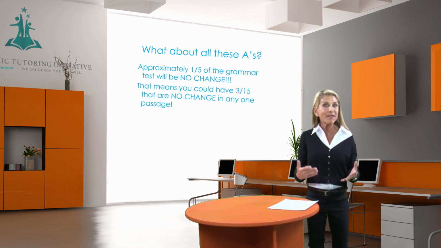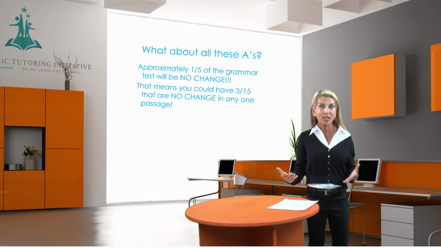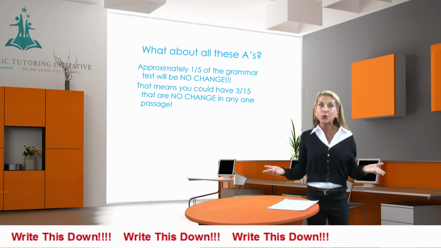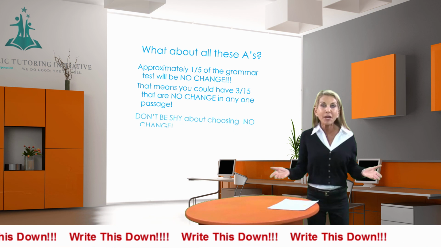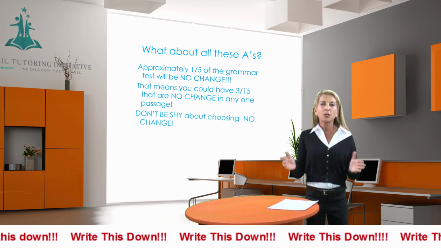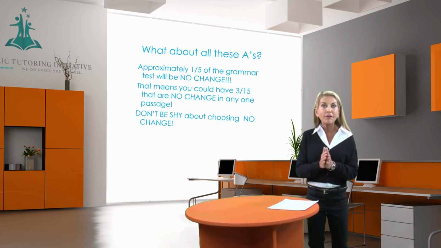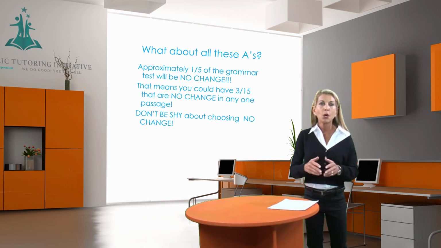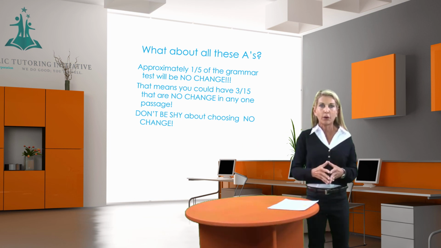That means if you have 15 answers per passage, then you could have at least 3 no changes. So don't be shy about picking that one. It's often the right answer, okay? So remember, approximately 1/5 should be no change on the grammar test, okay? So don't fear choosing the A, or the F when they use that different order of letters.